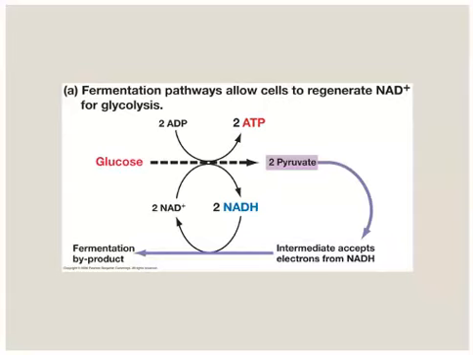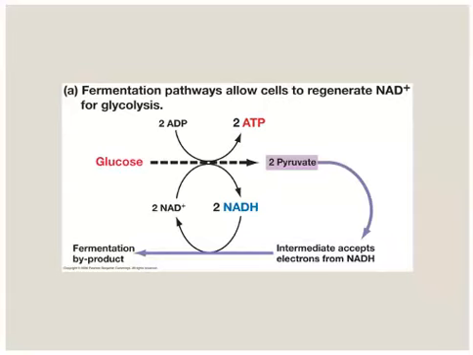Let's look at the first feature of fermentation. We said fermentation pathways are going to allow cells to regenerate NAD+ from NADH. That's important because we need glycolysis to keep going on in these cells so that ATP can keep being made.